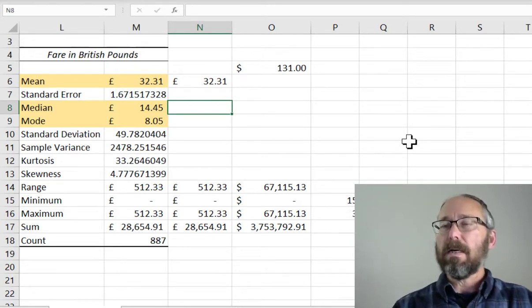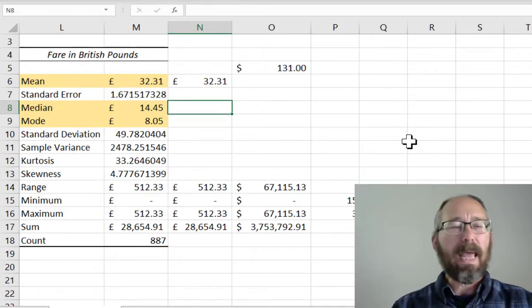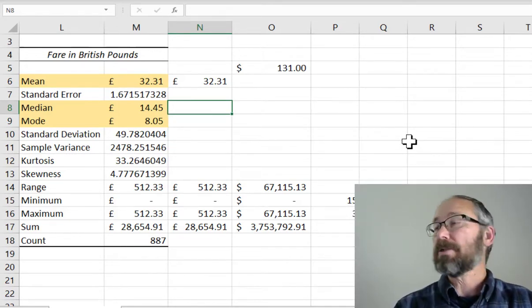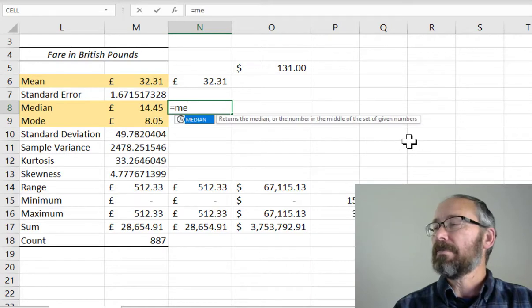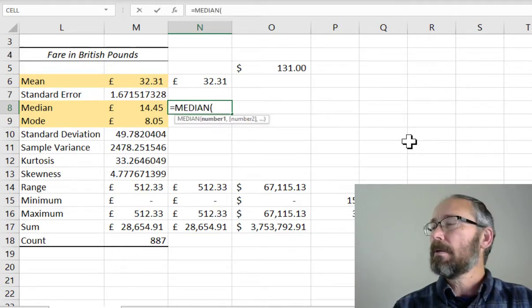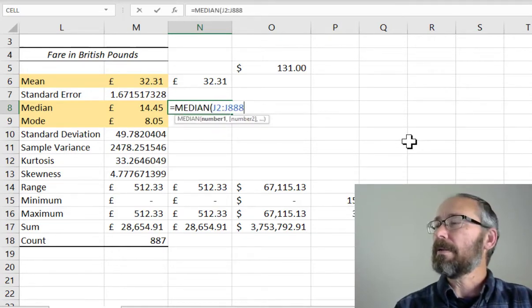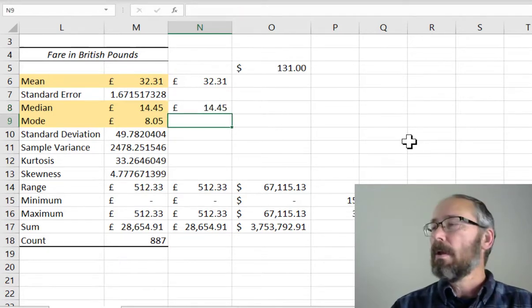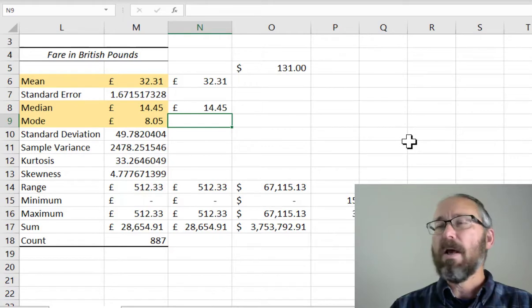The median, that's the midpoint, so half above, half below. So we actually have a median function in Excel that we can calculate that with. And so there you go. Now, the mode, that's the value that occurs most often.